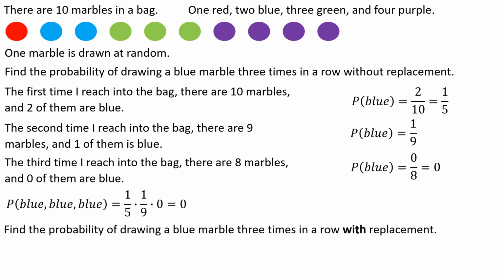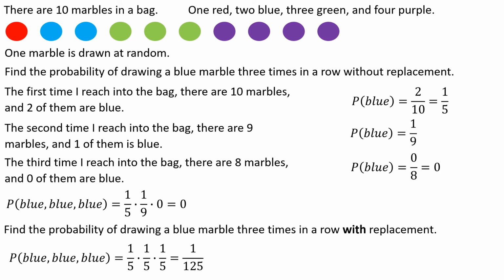So the probability of drawing a blue marble 3 times in a row with replacement. Oh, sorry. Reread this correctly. So now, let's go back to the previous lesson, and let's find the probability of drawing a blue marble 3 times in a row with replacement. Right? We actually did this on the previous lesson.